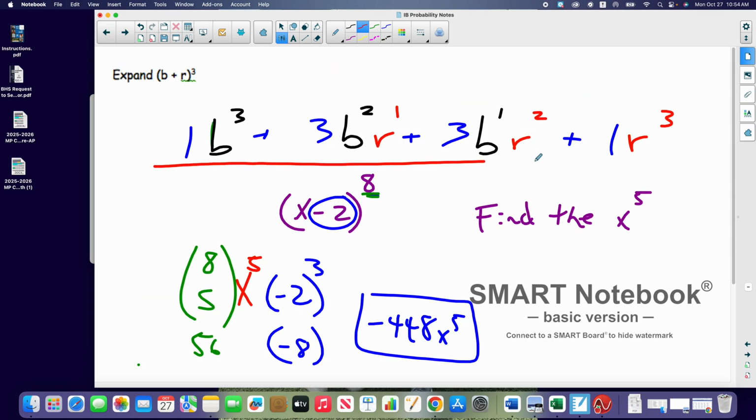That's this. 3 reds, there was only one way to get 3 reds. 3 blacks, there was only one way to get 3 blacks. To get 2 blacks and a red, there are 3 ways. To get 2 reds and a black, there are 3 ways. Okay? So you have that.